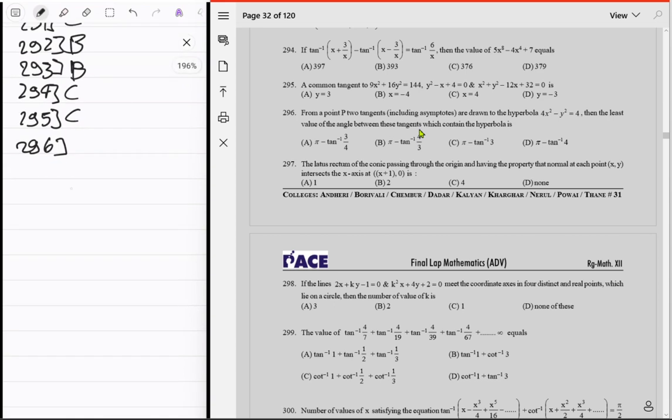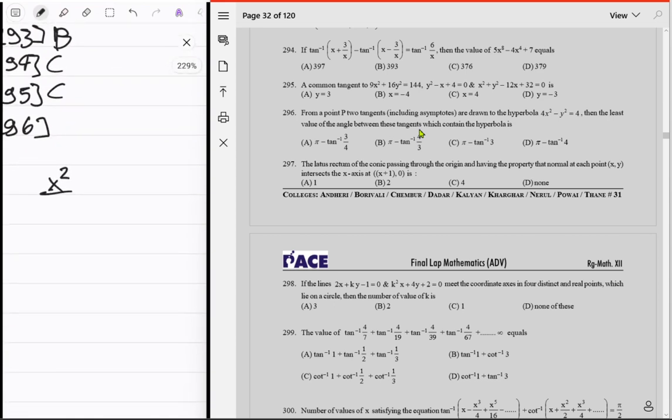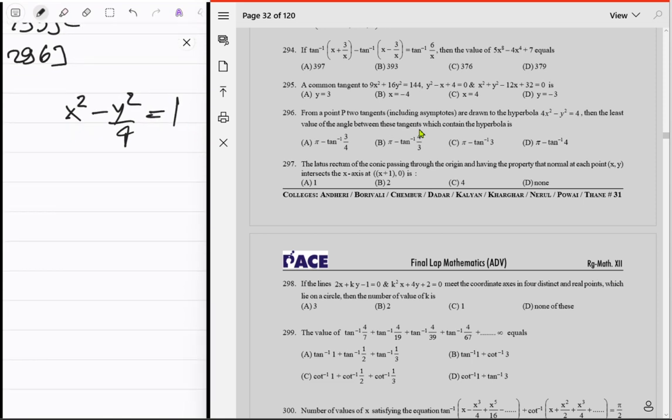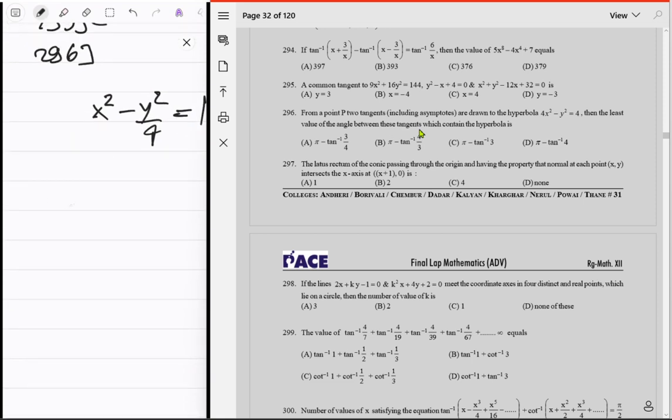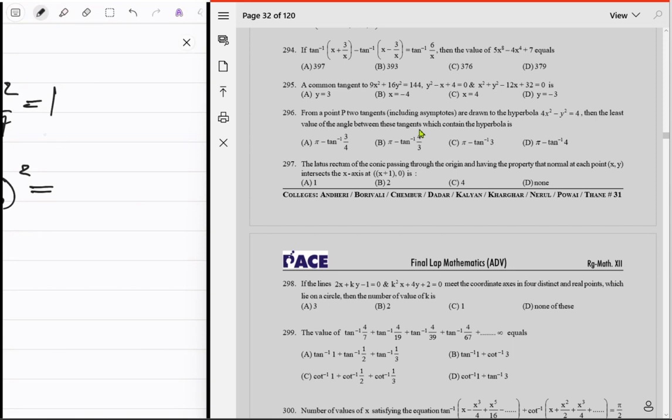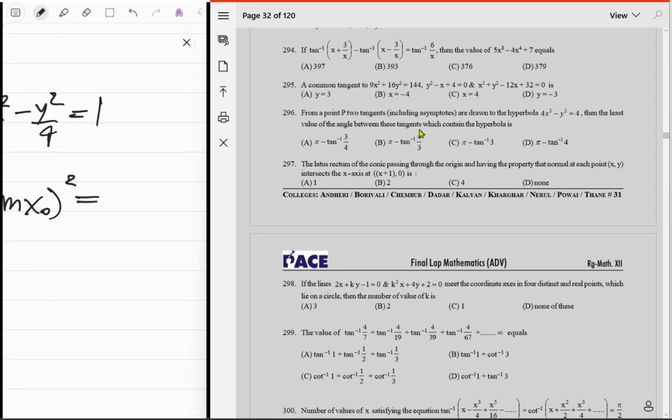So क्या इसको सही से लिखो x square upon right, yeah, just x square minus y square upon 4 is equal to 1. So अपना जो tangent is like वो so कौन सा इक्वेशन फॉलो करता है y means mx, y not mx not का square is equal to am square, okay, which is just m squared minus 4 in that case.